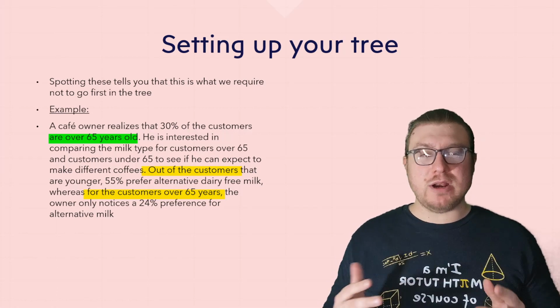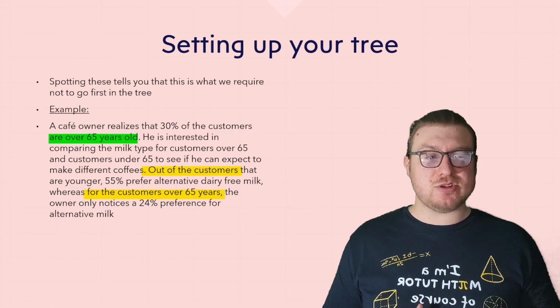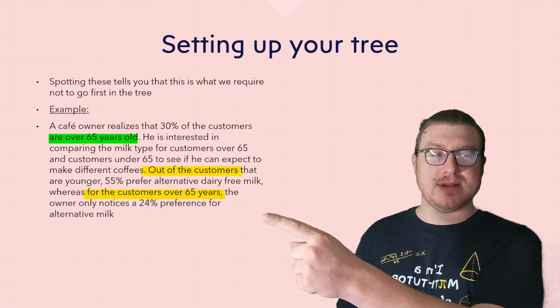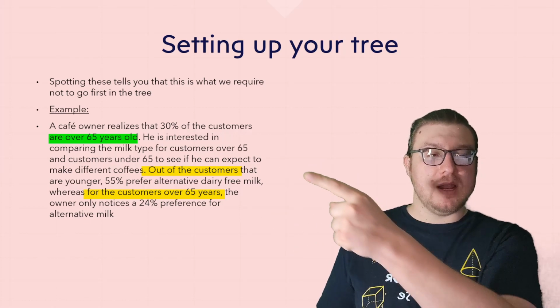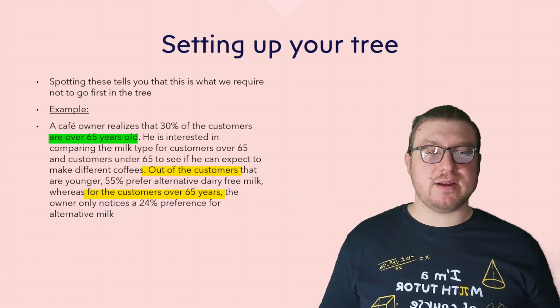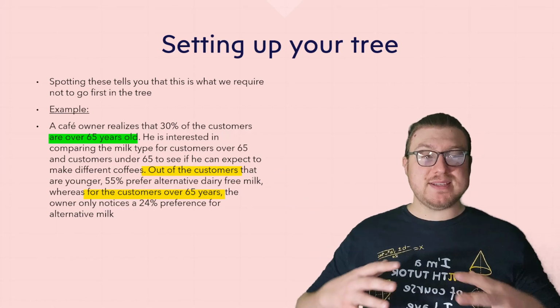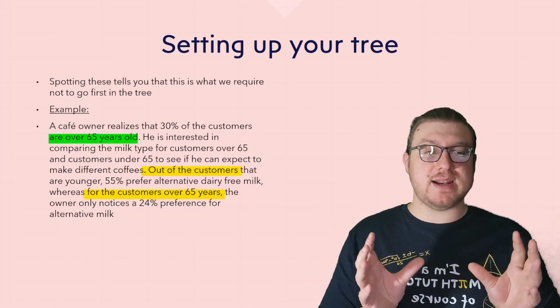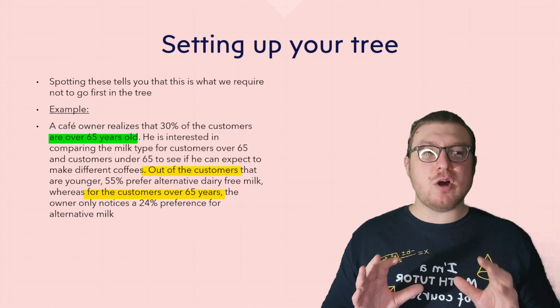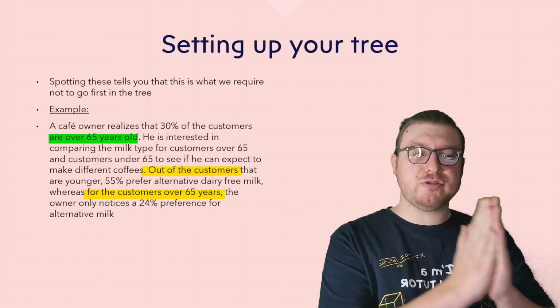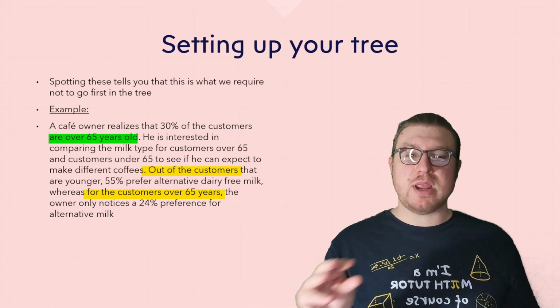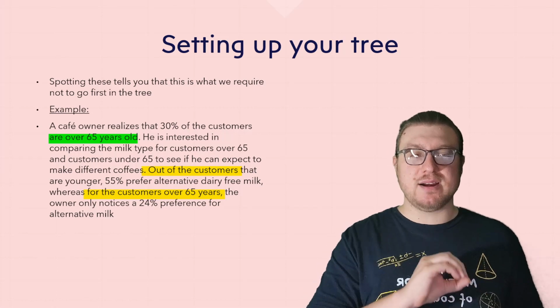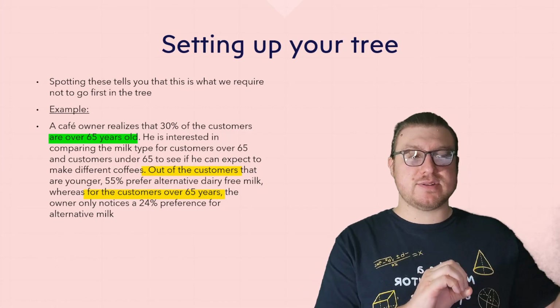But one of the facts that is much easier to recognize is these statements that we've just talked about. "Out of the customers that are younger": this is looking only at customers that are younger. So in our probability tree, we have to already walk somewhere. We have to already go to younger customers, then somewhere else.